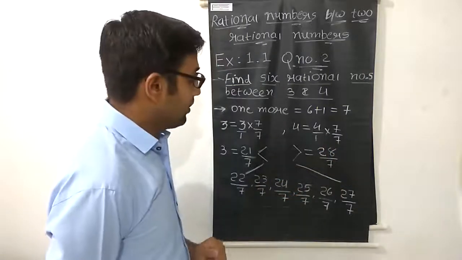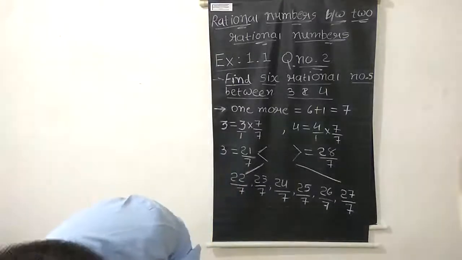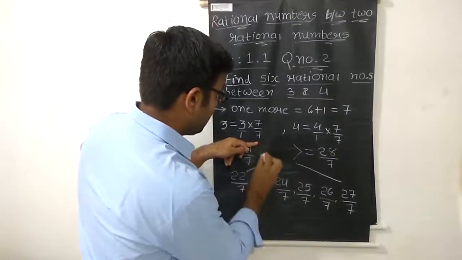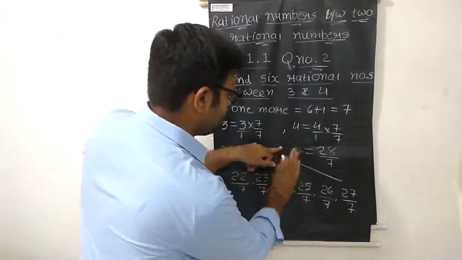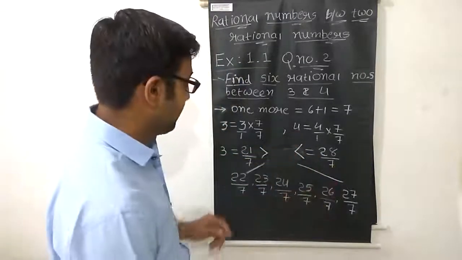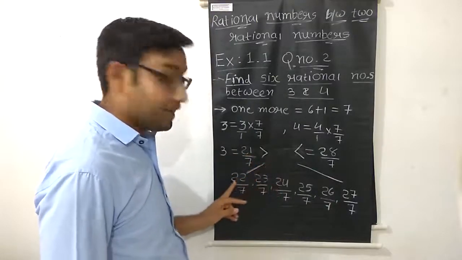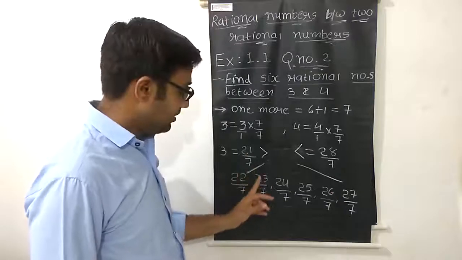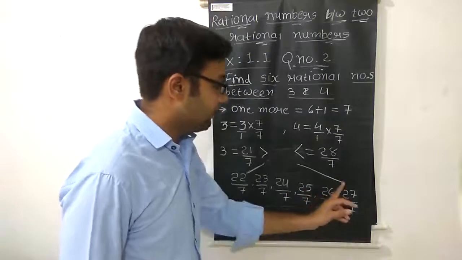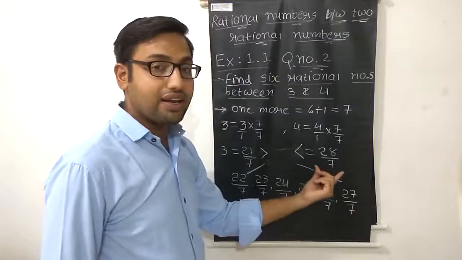So the numbers greater than 21 upon 7 are 22 upon 7, 23 upon 7, 24 upon 7, 25 upon 7, 26 upon 7 and 27 upon 7, which is less than 28 upon 7.